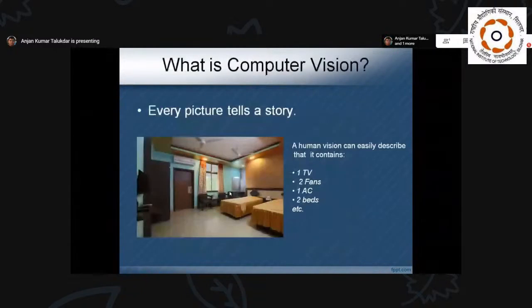So what is computer vision? So every picture tells a story.